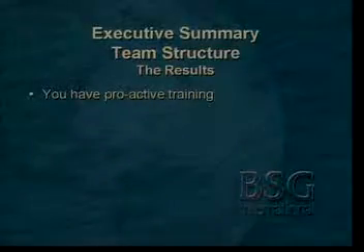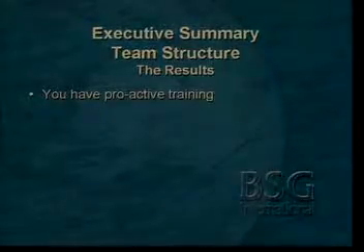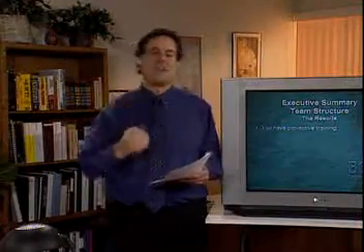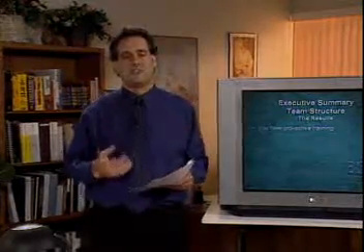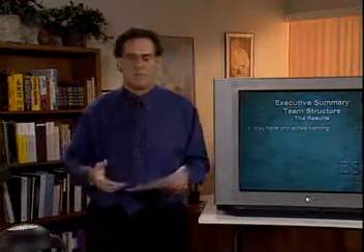You have proactive training. What are the results of all this? The result is that you have proactive training. Proactive training means when you get this thing in motion, you're training the employees, we're defining those base work centers, we're defining the interpersonal skills, we're looking at process, step, procedure skills.